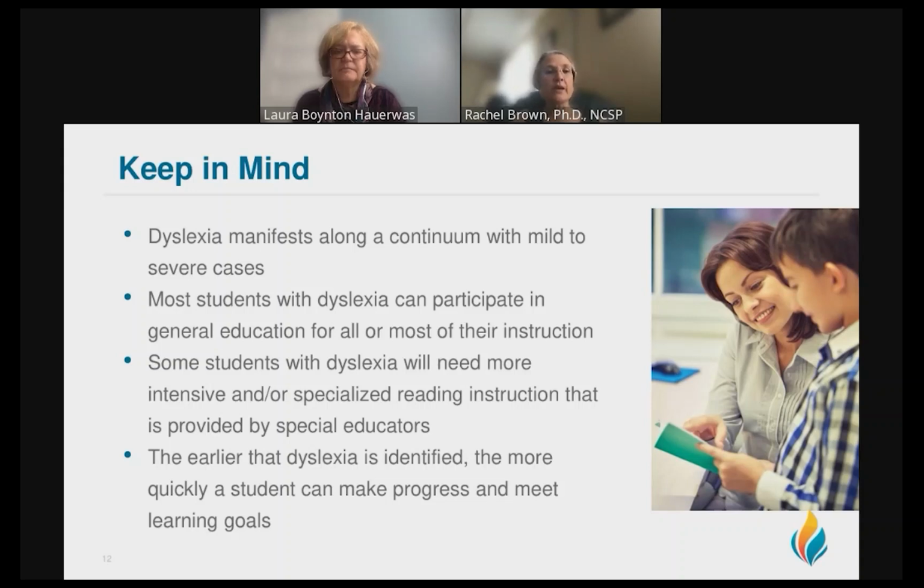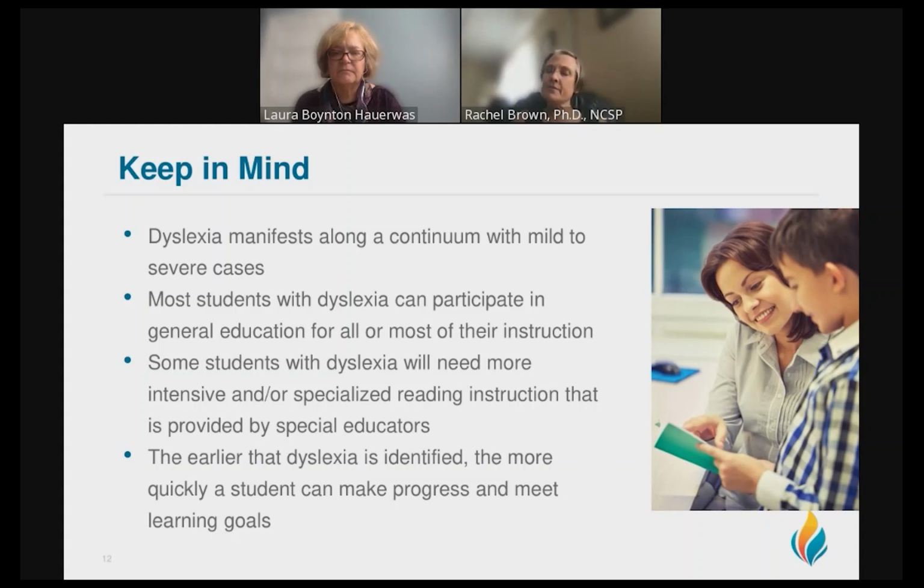There are a few other things I think it's important for us to keep in mind as we consider what is dyslexia and how can we best support students with dyslexia. First of all, it's a condition that manifests along a continuum. There isn't just one type or one look to dyslexia. Some students will have a very mild presentation, others it will be much more severe.